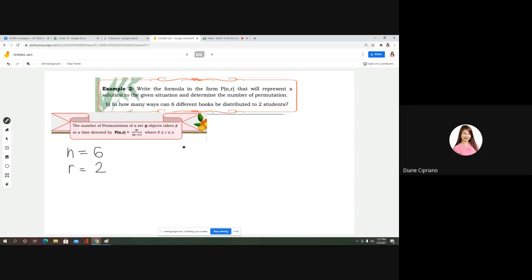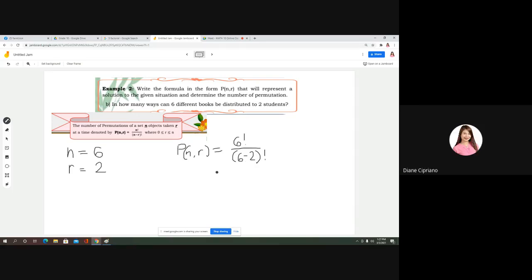How about our number sentence, our formulated solution, Biel? 6 factorial over 6 minus 2 factorial.